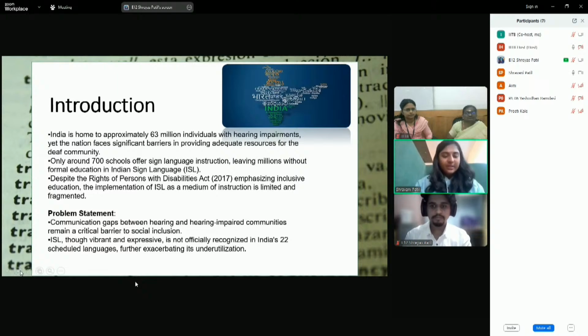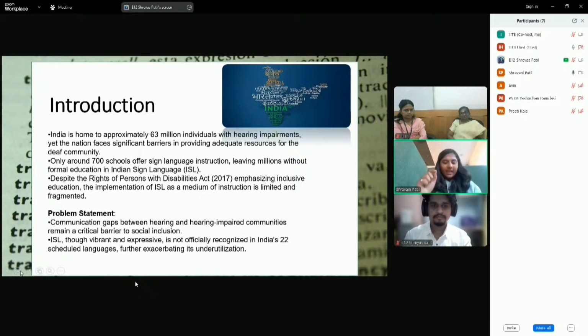To begin, let's start with some facts and figures that highlight the magnitude of this issue and why immediate action is necessary. India is home to approximately 63 million individuals with hearing impairments, including people who have trouble listening or talking. Sign language is used for them.